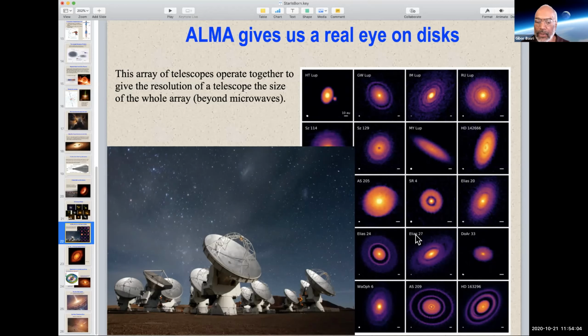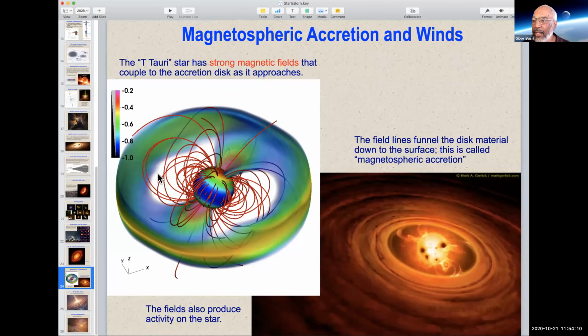So what happens to the disk? Well, several things. One is that the star, remember, has these very strong magnetic fields, and it develops a strong wind blowing off the star, and that starts eroding the disk. The magnetic activity also produces a lot of ultraviolet and X-ray light, and that erodes the disk as well.